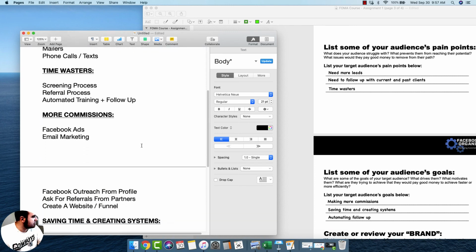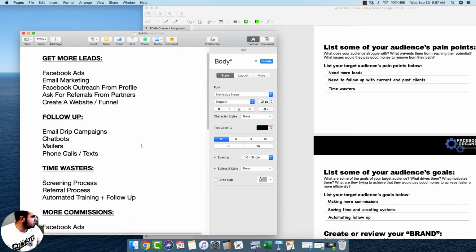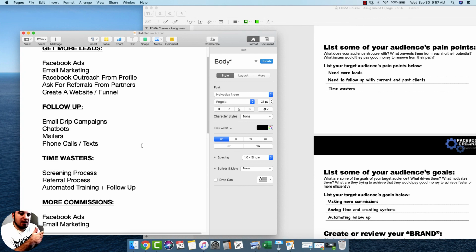What you want to do is get really granular with your options here. You want to find exactly how you can help and dive in deep at this point.